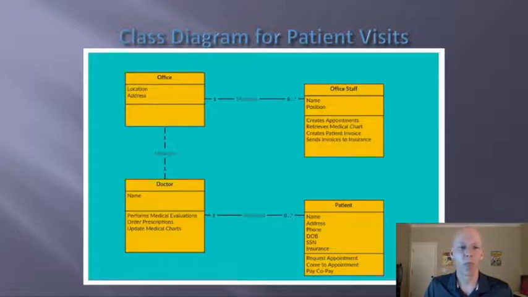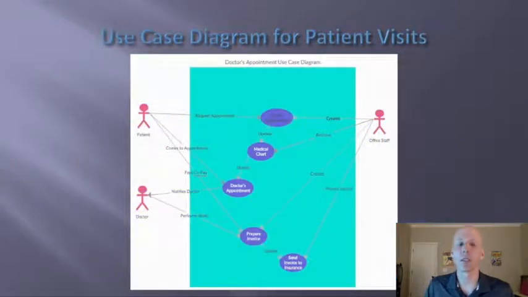To go along with that, we use what's called a use case diagram. Now this helps us better log exactly what happens with each thing that comes in. So this shows, for instance, a patient would request an appointment, which would go here to create appointment. Your office staff would create that.